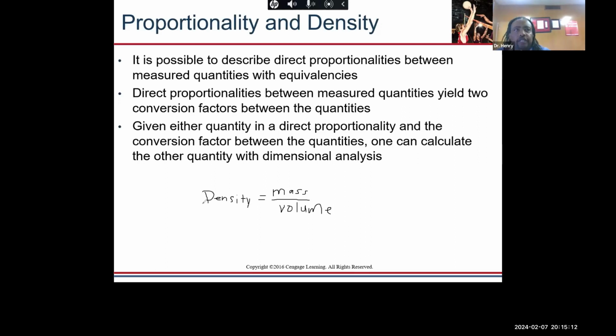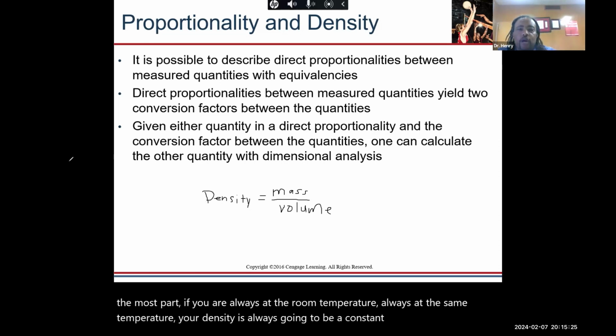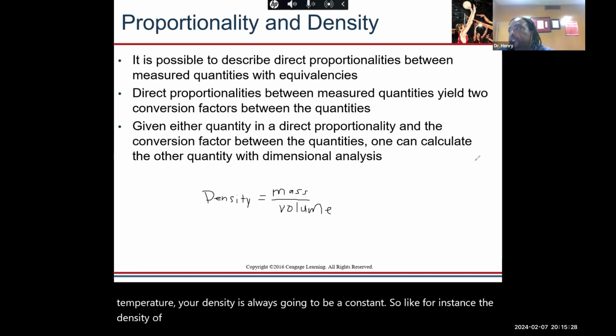Okay, so density is considered to be a constant. It changes with temperature, but for the most part, if you are always at the same temperature, your density is always going to be a constant. So, for instance, the density of water is approximately 1.